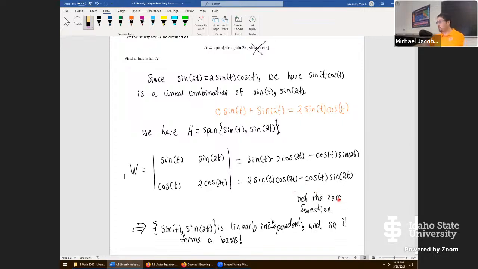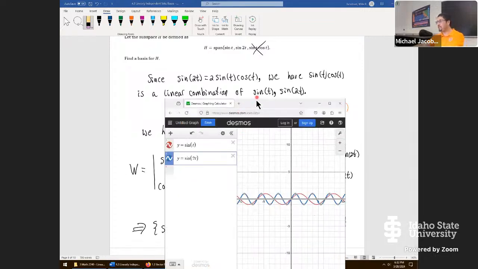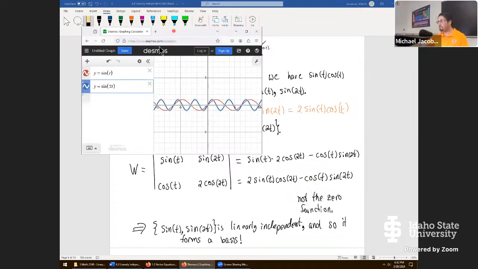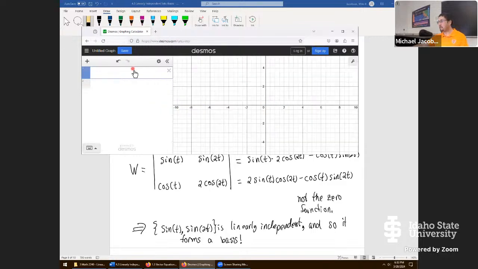We said it's not the zero function, but let's see if we're really sure about that. Let's put it in carefully this time. 2 sine t cosine 2t. I'm being really careful because with trigonometry, you know there are lots of identities here. It could work out to actually be 0 and we didn't know it.